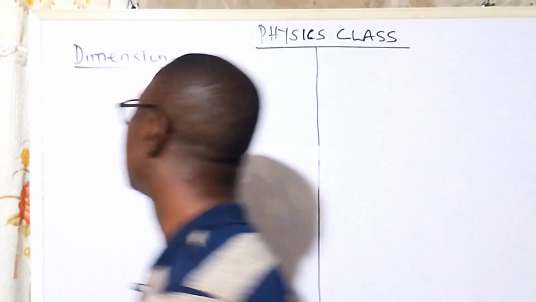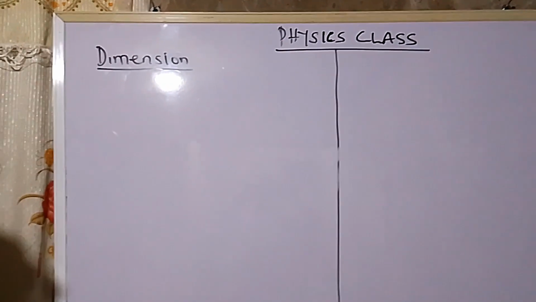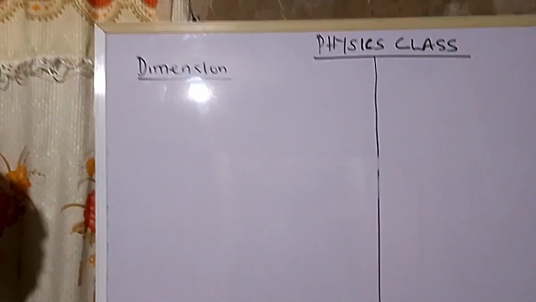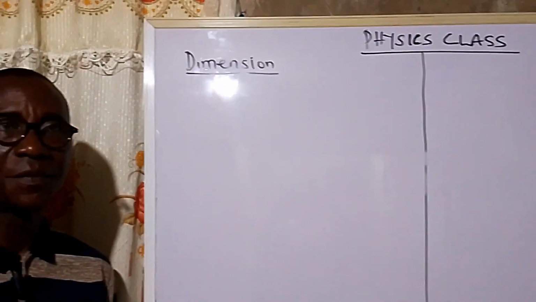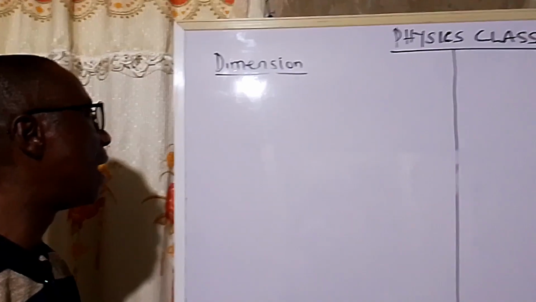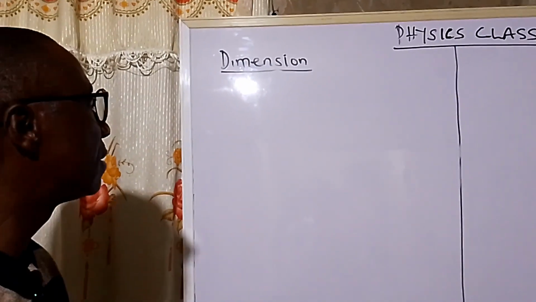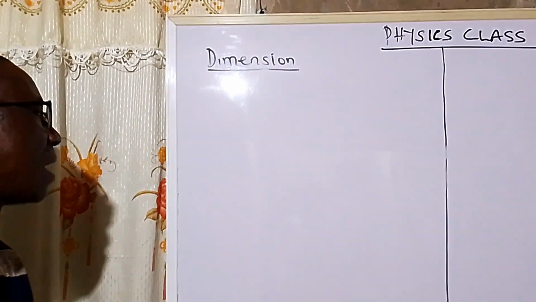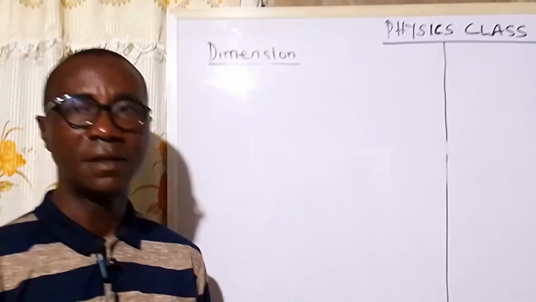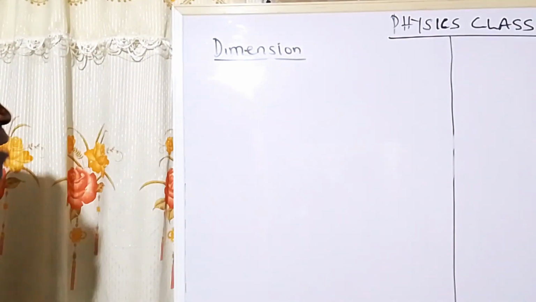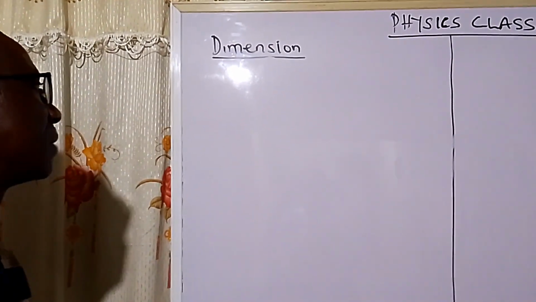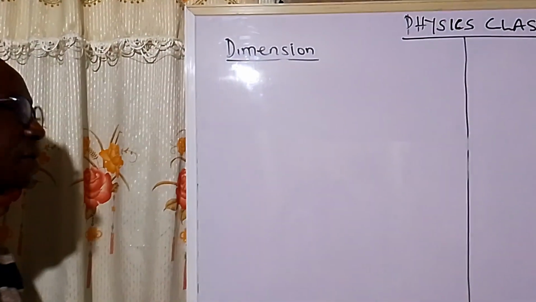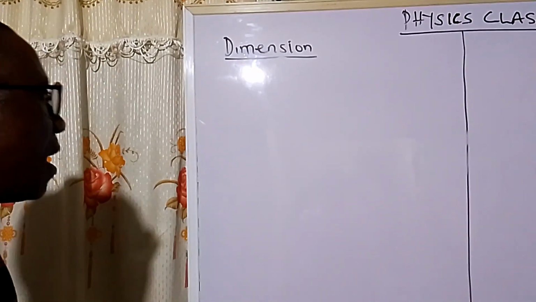The topic before us today is dimension. Dimension in physics simply means the power to which the fundamental unit of mass, length, time, temperature, etc. must be raised to represent a physical quantity.